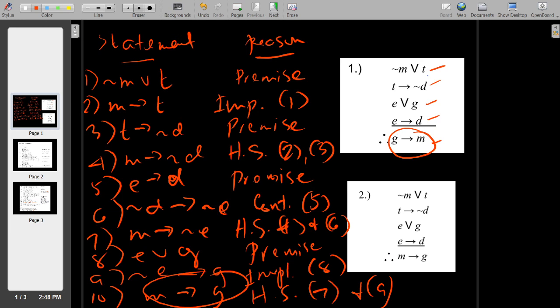G implies M is the converse of M implies G and vice versa. They are not actually tautology or logical equivalence. So the correct conclusion is this second item, M implies G.